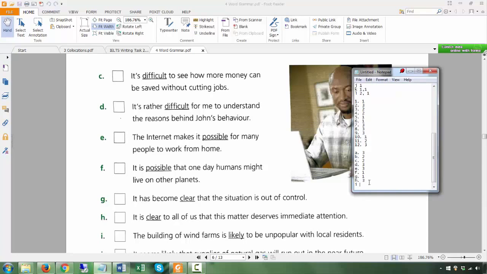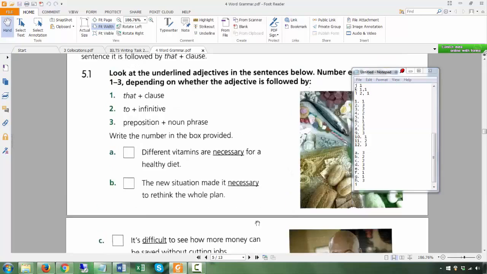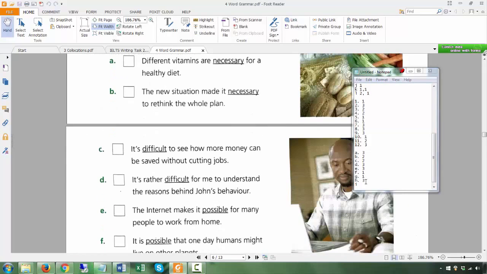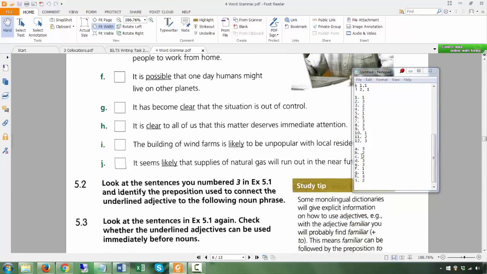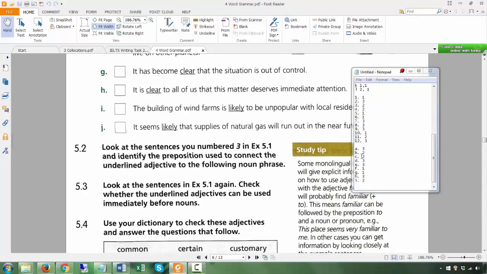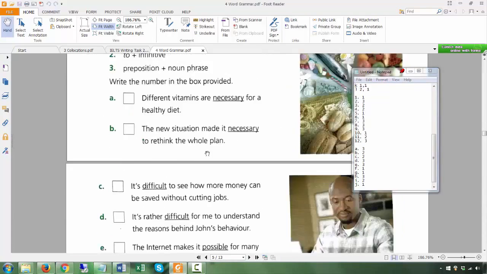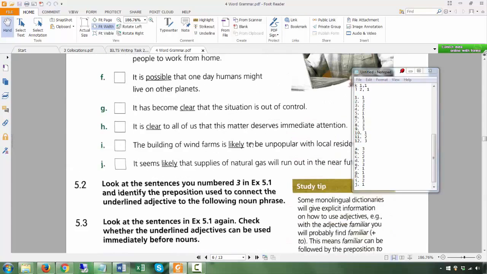I, likely, to plus base verb, to plus infinitive, 2. And then lastly you have likely that, right, which is 1, right? So likely that. So likely could be a to plus base verb, could be that, right?